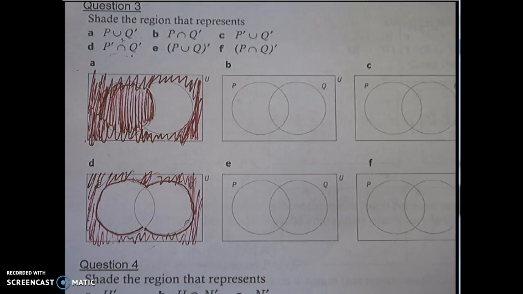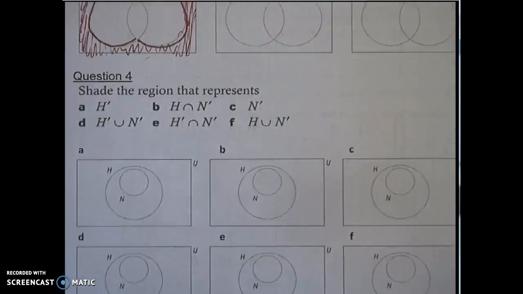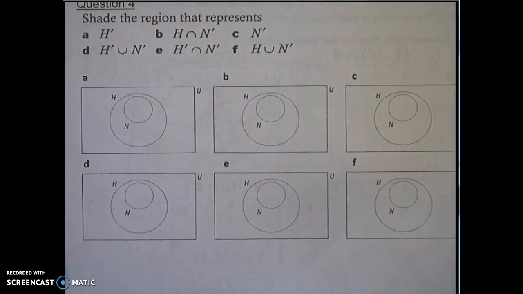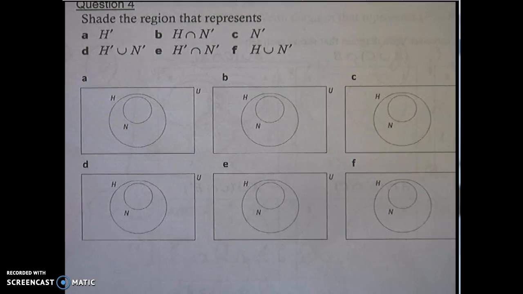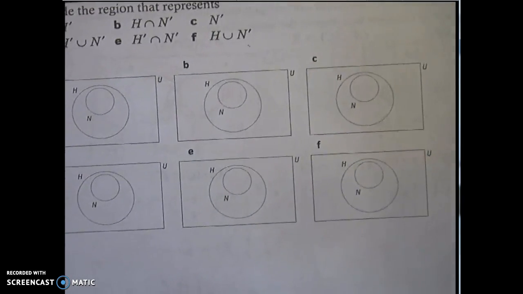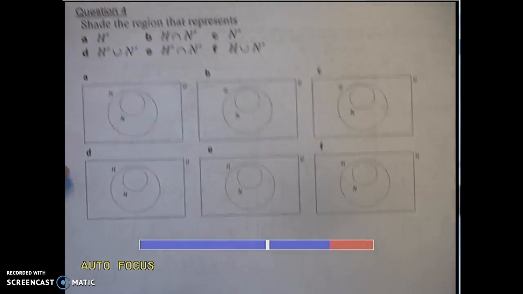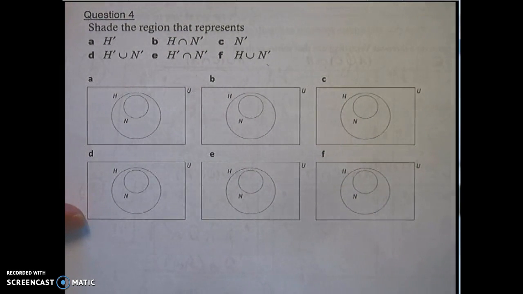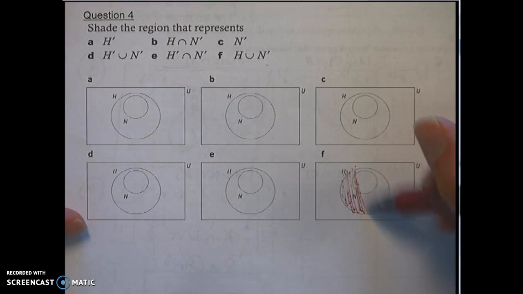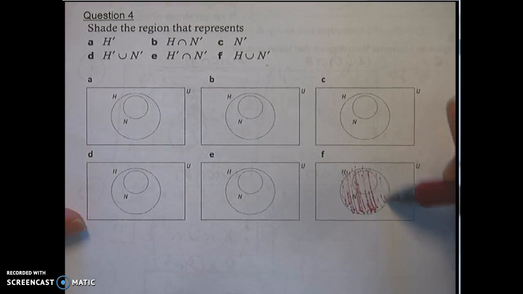All right, let's look at a slightly different Venn diagram, and let's do the same thing. Let's do one union problem and one intersect problem. So the union problem I want to do is, let's do this one. F. H union not N. So I'm going to go ahead and shade in all of H, because I know with unions I'm just going to stick it all together.